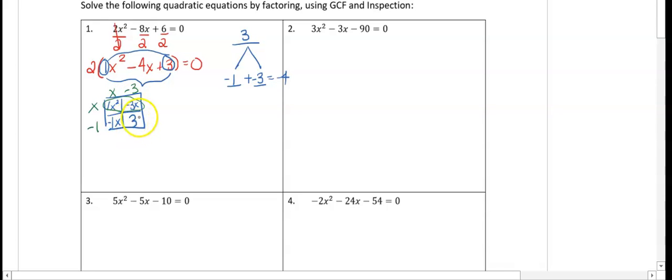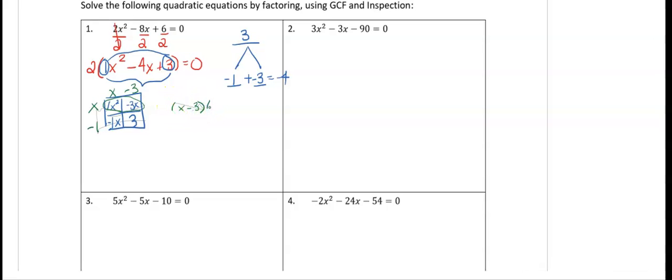It doesn't matter what's going on over here with this one. I'm pulling from this outside corner right here. So what all of this in the parentheses, 1x squared minus 4x plus 3, simplifies down to, taking this part right here, is x minus 3.